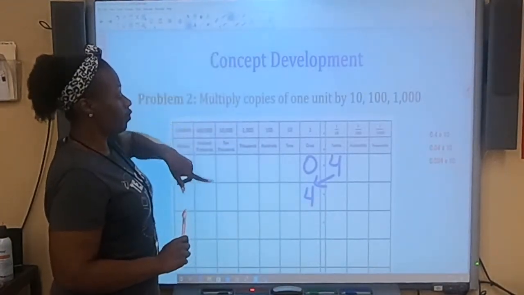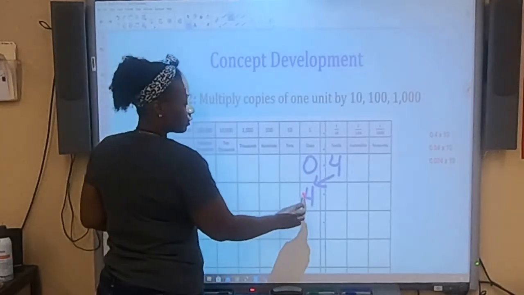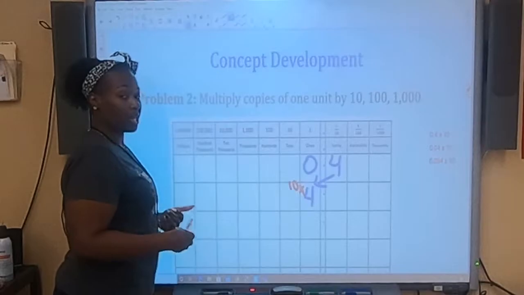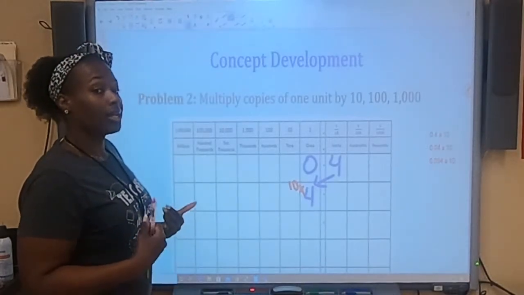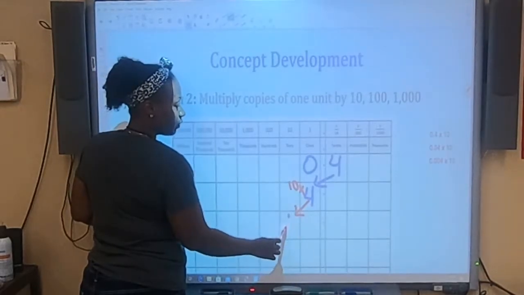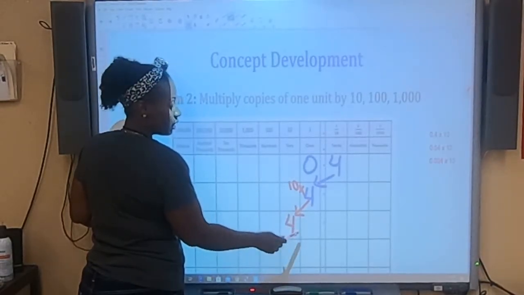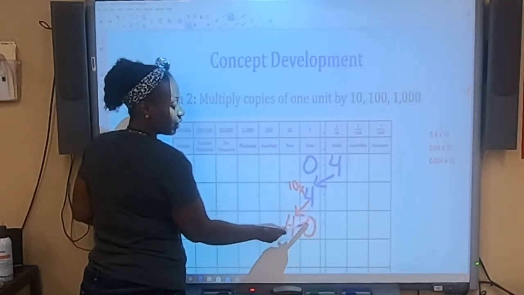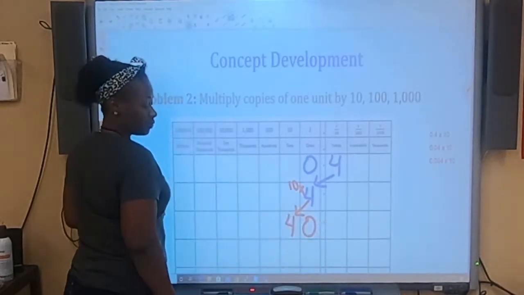Now I'm going to take my 4 ones and multiply it by 10. Remember, multiplying shifts to the left. So that's going to take that digit to the left, which is now in the tens place. Notice I'm no longer next to the decimal, so I need that place value to get me next to that decimal.